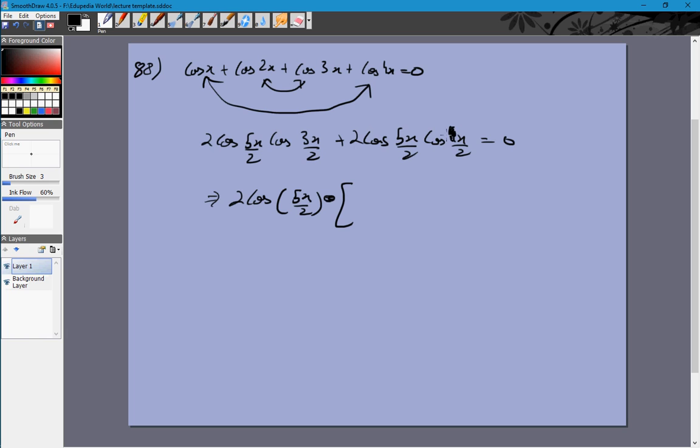Yeah, this is the correct equation. So cos 3x by 2 plus cos x by 2. Now we can apply the same identity again. Cos c plus cos d is 2 cos of (c plus d) by 2 times cos of (c minus d) by 2. So it will be 2 cos of 3x by 2 plus x by 2, which is 4x by 2, divided by 2 is 4x by 4, or x. Cos of 3x by 2 minus x by 2 is x.